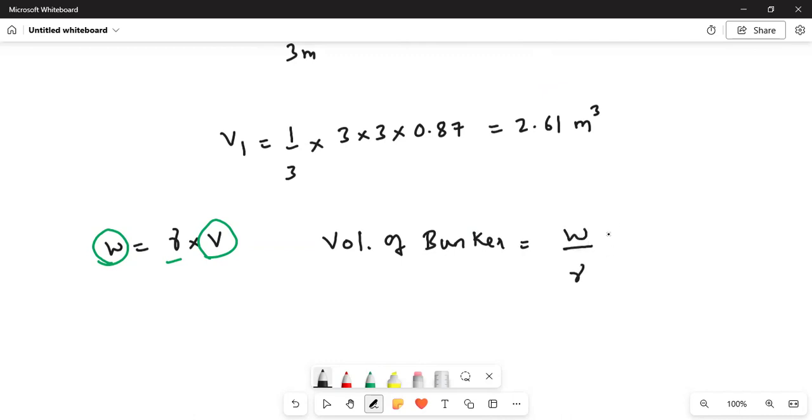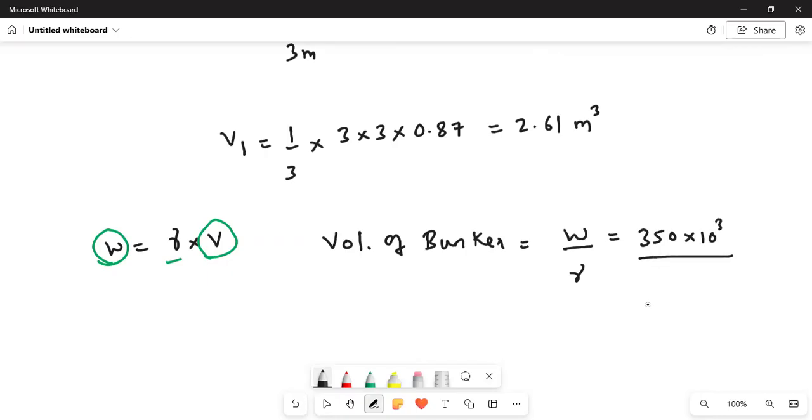Weight is 350 kilonewton, which we can convert into Newton, 350 into 10 to the power 3.